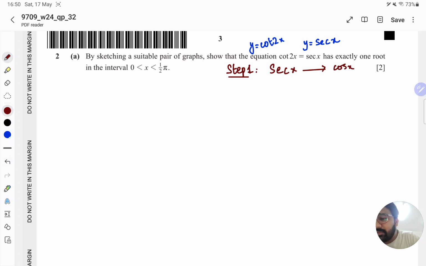So I have to make the graph of cos x first, from where I will make the graph of secant x. So basically it's 1 over cos x, but I will first of all draw the graph of cos x. So cos x graph, this is y, this is x, so maximum value is 1.